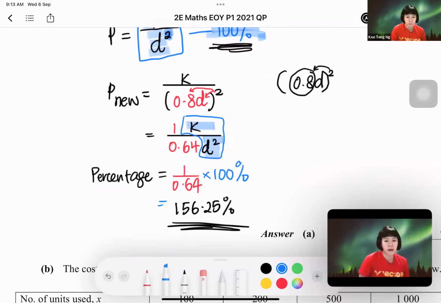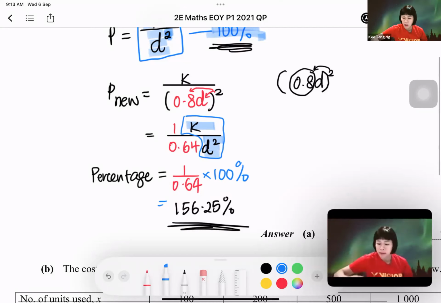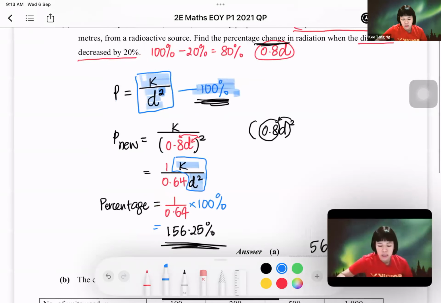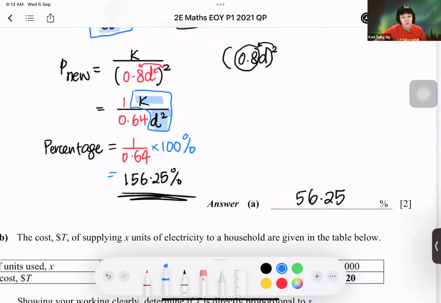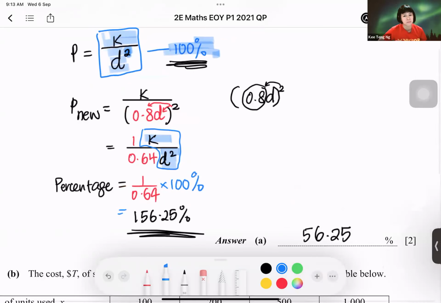So we take 100% divided by 0.64 to give you 156.25%. This one just leave it to the calculator. But they want a percentage change. So originally 100, now 156.25. So the percentage change will be just 56.25%. Is that okay?